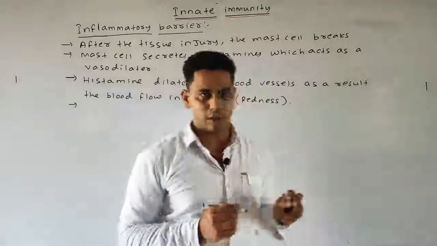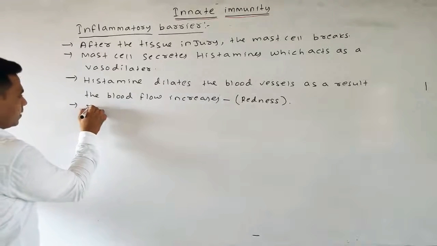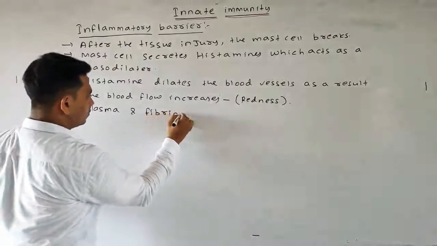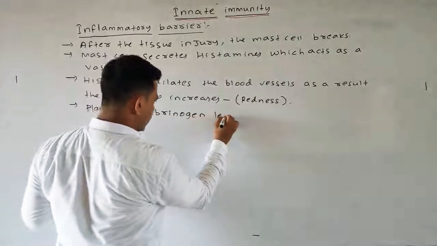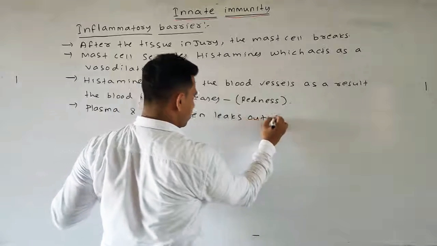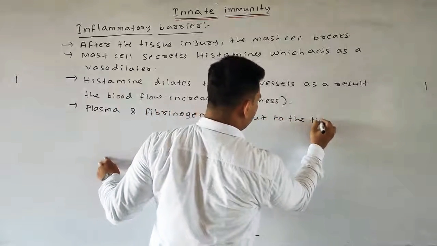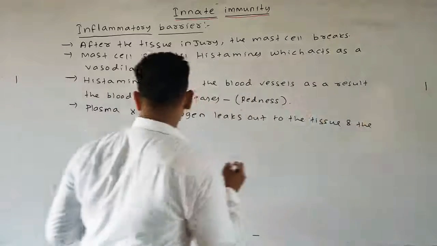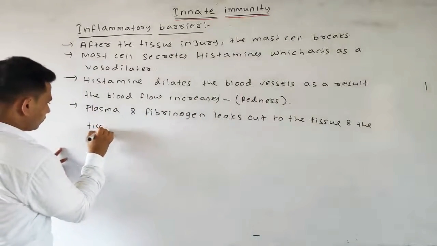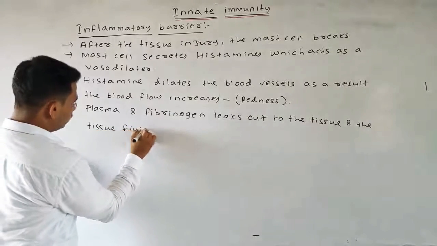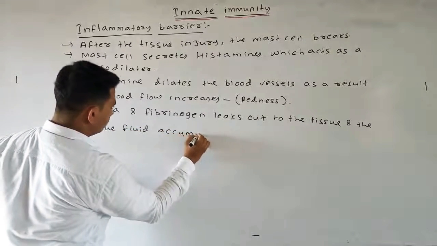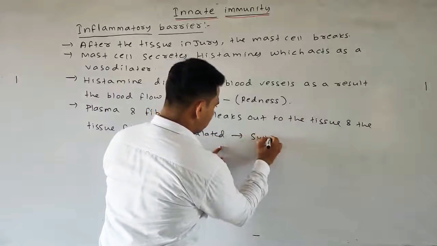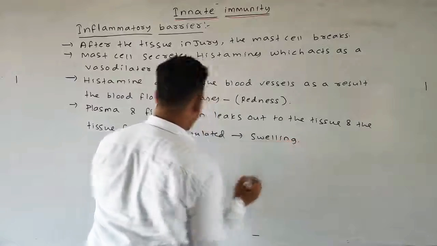The plasma and the fibrinogen leak out into the tissue, and the tissue fluid also gets accumulated, by which swelling occurs. Plasma and fibrinogen leak out to the tissue, and the tissue fluid accumulated, resulting in the swelling.